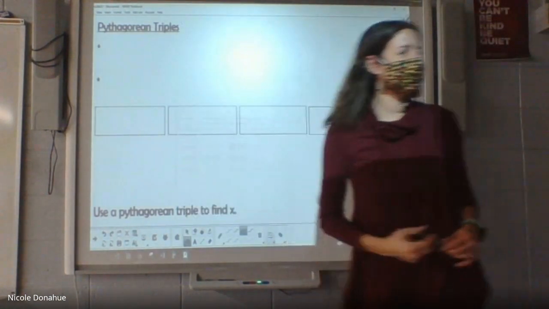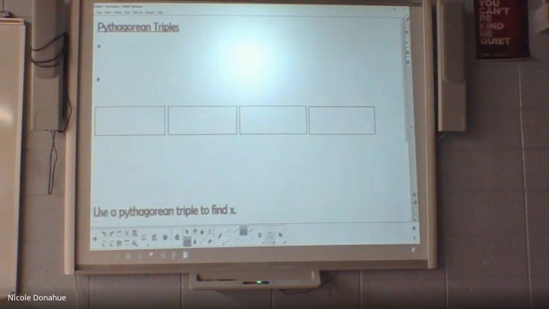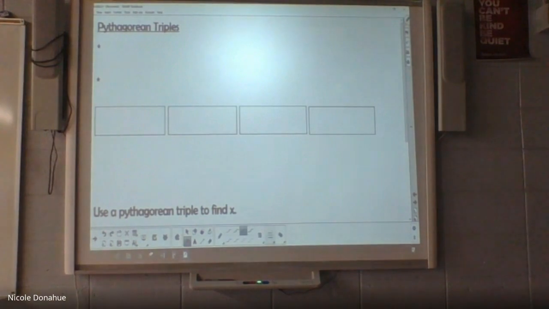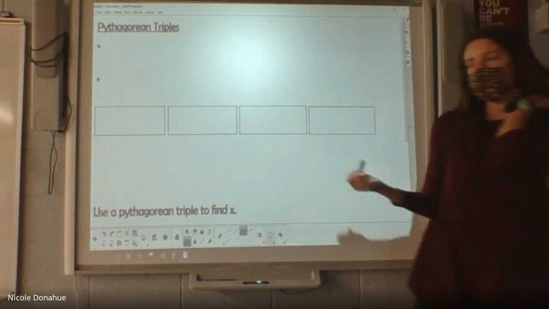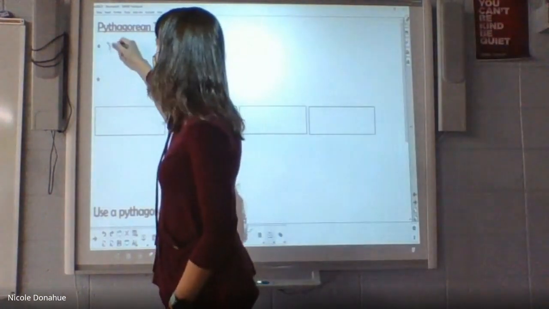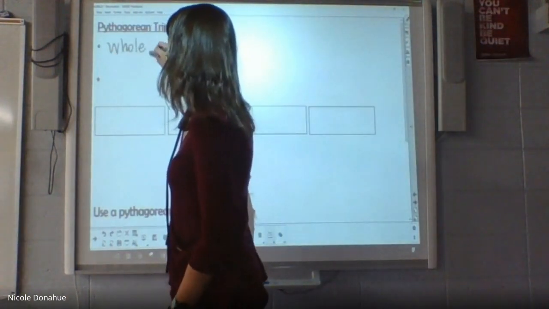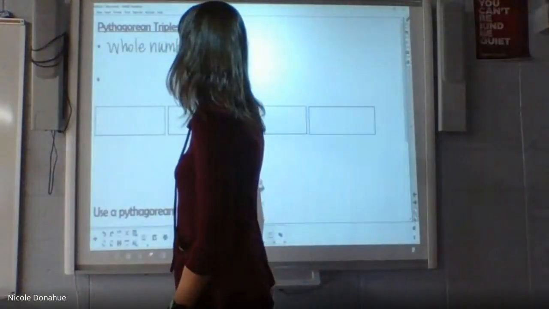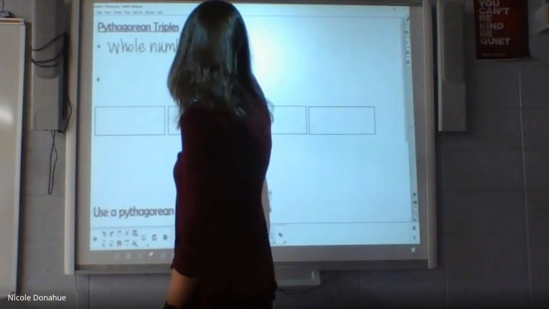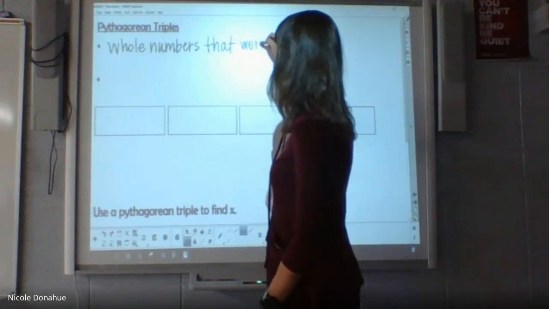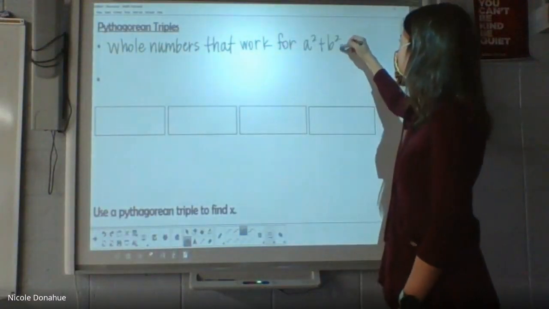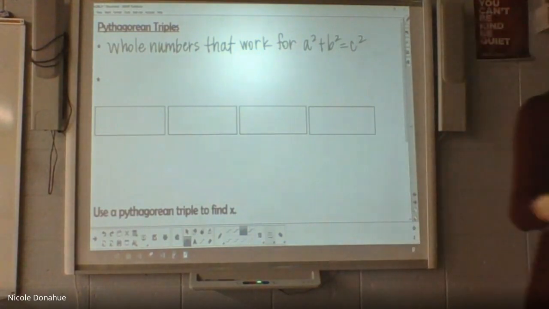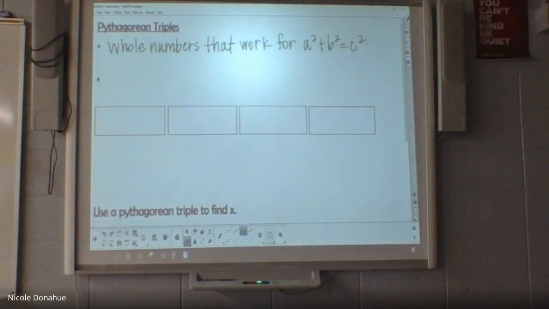All right, so a Pythagorean triple. If you guys didn't hear me, if you want to grab a sucker, you can. They're basically really nice whole numbers that work nicely for a triangle and for our Pythagorean theorem.